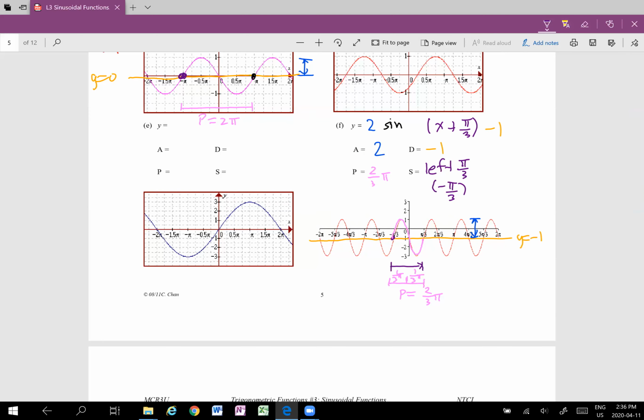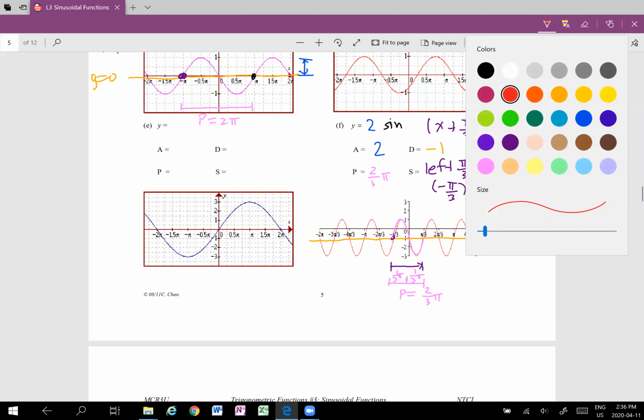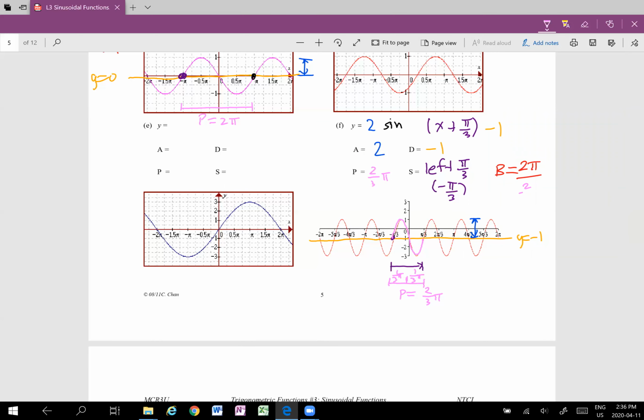The only hard part, again, one more time, is to find out that B value. And that B value is related to 2 pi divided by its period. In this case, the period was 2 over 3 pi. Some of you are a little rusty with your fractions. The B value, and I'll just do it over here, I apologize, I'm running out of room. The B value is equal to 2 pi multiplied by the reciprocal.